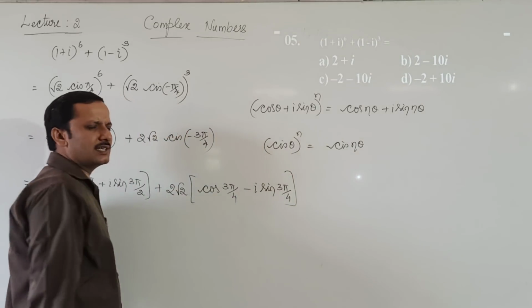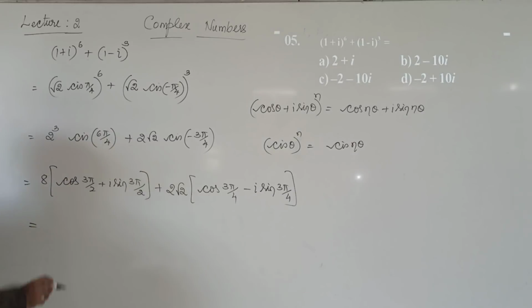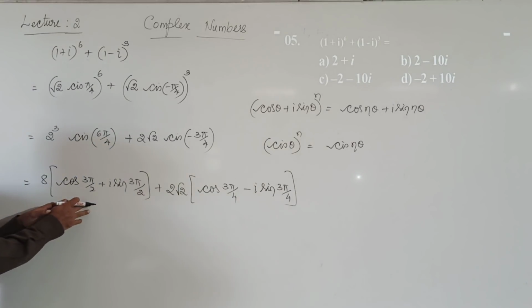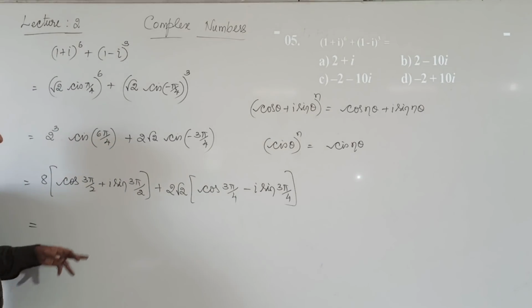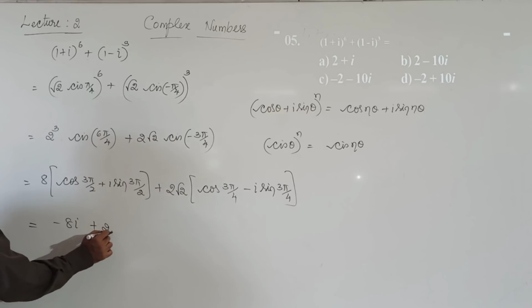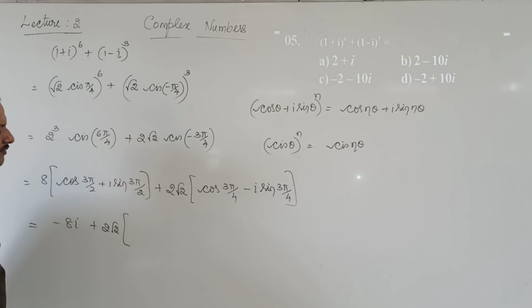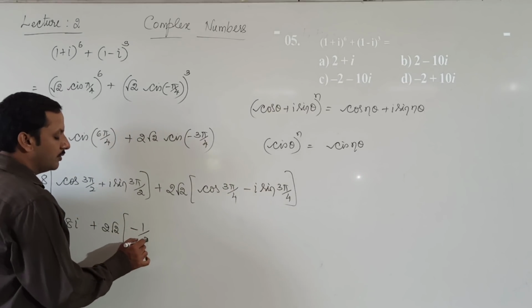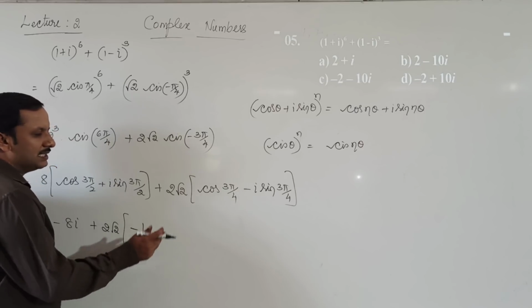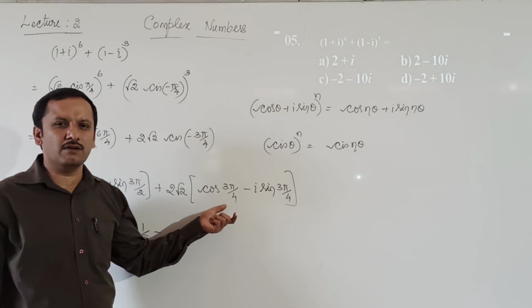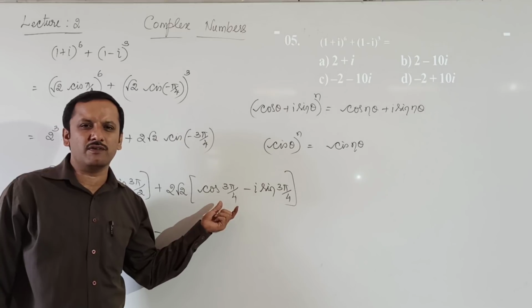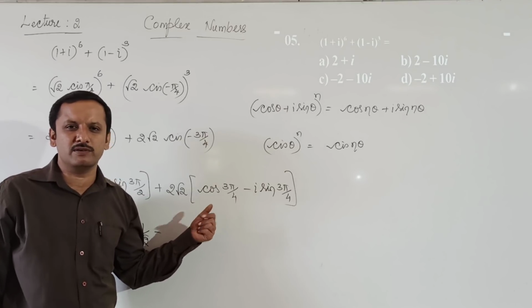Sin of minus theta is equal to minus sin theta. Cos 3 pi by 2, cos of odd multiple of pi by 2 is 0. Sin 3 pi by 2 is minus 1. So 8 into minus i we will get, which is minus 8i, plus 2 root 2 into cos 3 pi by 4, which is minus 1 by root 2. 3 pi by 4 is 135 degrees, cos 135, 180 minus 45, second quadrant negative, minus 1 by root 2.